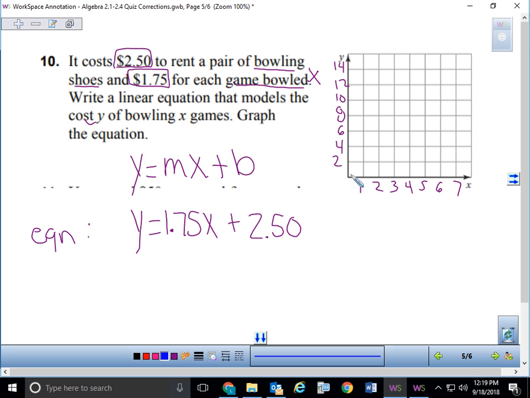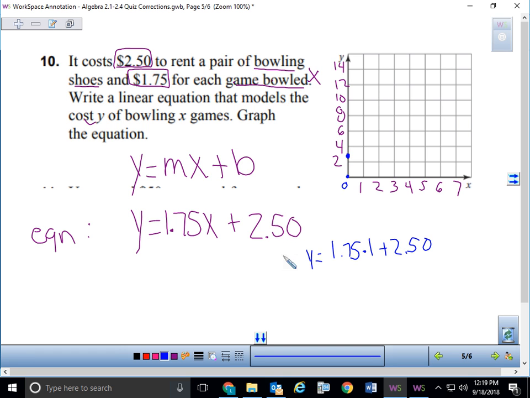So let's see, this right here is 0. If I plug in 0 for my formula, that's 1.75x times 0, which is 0, plus 2.50. So my 2.50 is kind of right here, give or take a few there. When I plug in, if I just pick 1, let's plug in a 1 to my equation. That would say y equals 1.75 times 1 plus $2.50.